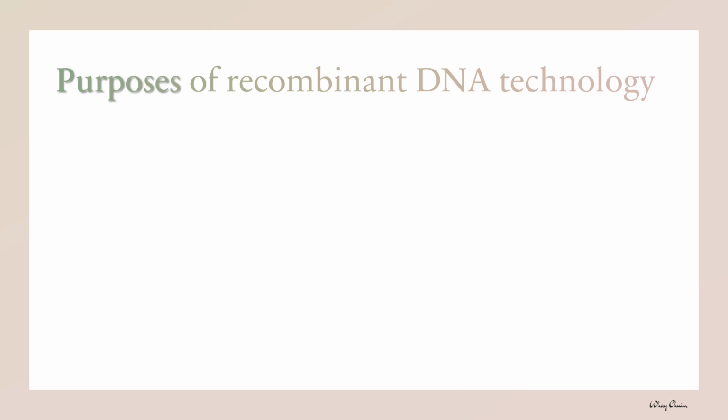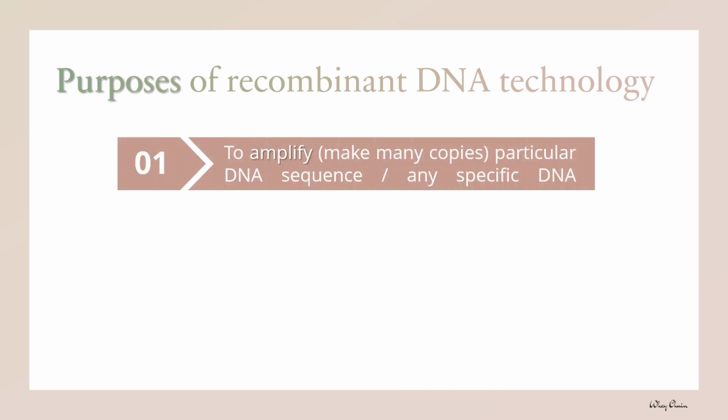Teknologi ini semakin penting sebab dia mempunyai beberapa tujuan yang boleh memajukan bidang sains. Yang paling pertama ialah saintis boleh menghasilkan bahagian DNA tertentu sahaja yang mengandungi gene yang mereka perlu dalam kuantiti yang banyak tetapi masa yang singkat. This is called amplification.